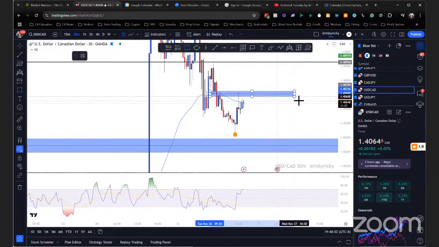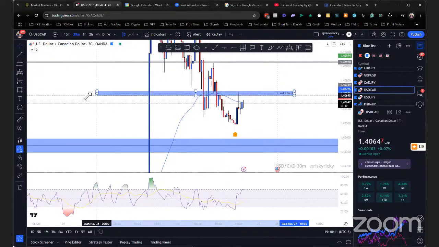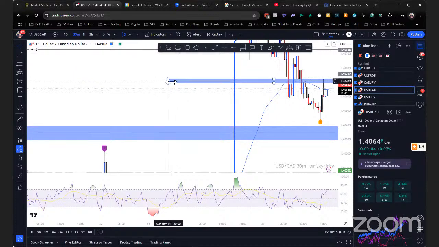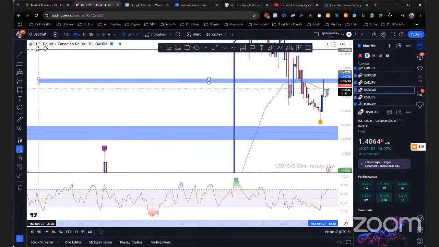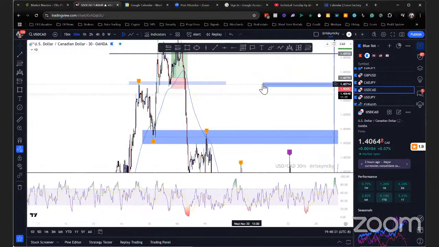But I can see a strong wick reaction at that level. So it's a pretty decent area there for entry.